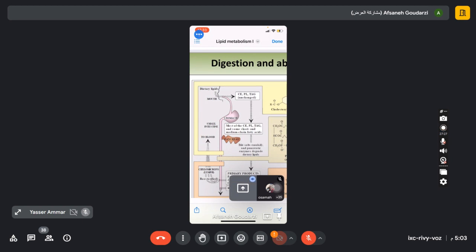The lipid remains unchanged in our mouth. If you remember, for carbohydrate digestion, we said that the salivary alpha amylase starts to break 1-4 linkages in the mouth. So although the digestion of carbohydrate occurs in the mouth, the lipid remains unchanged in the mouth.